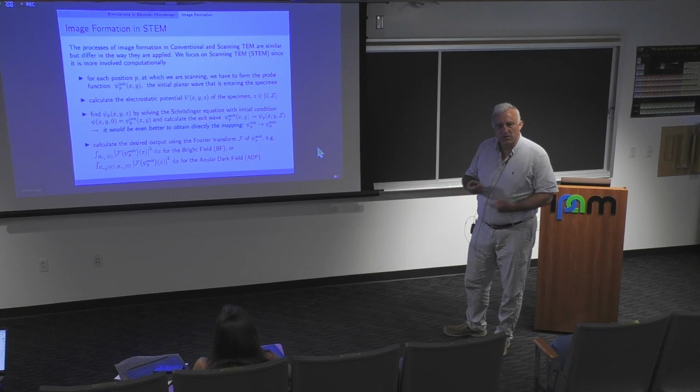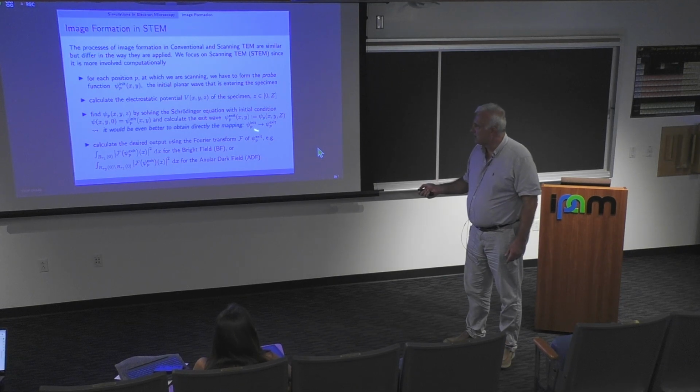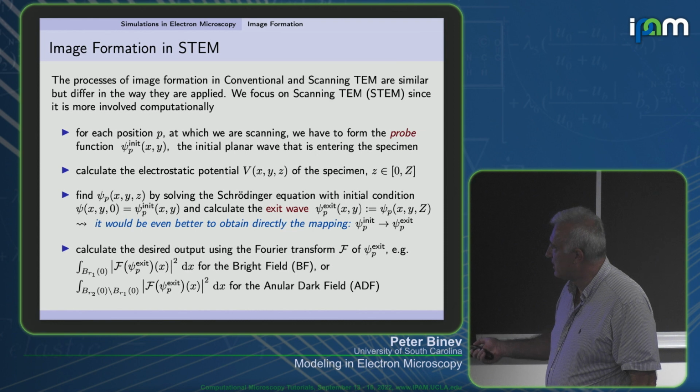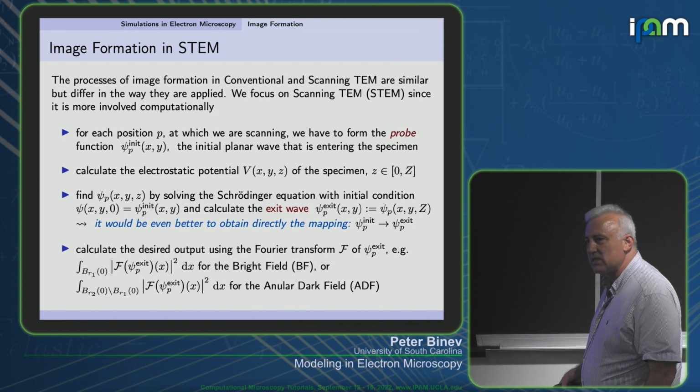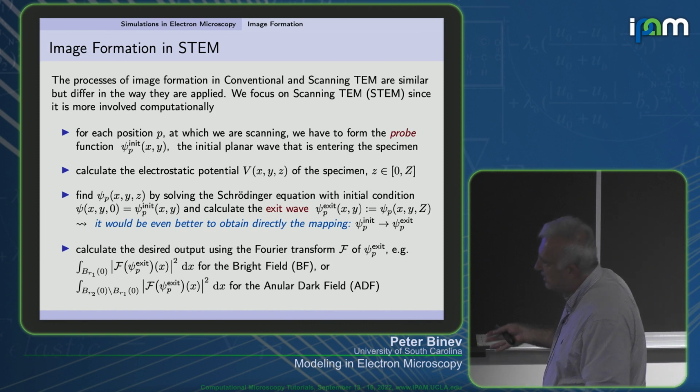Actually, I would go a little bit more, saying, okay, instead of considering that, why don't we consider just going from the initial wave exactly to the result? So that is something which can be explored.